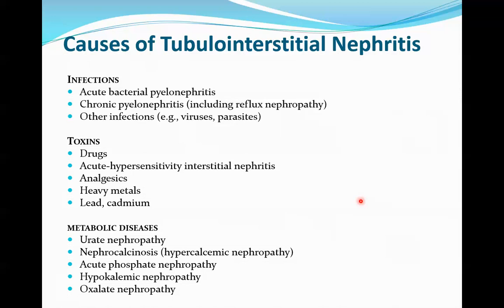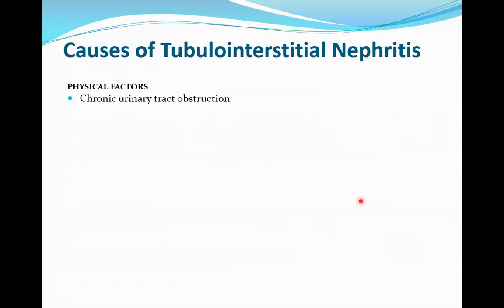That is called nephrocalcinosis. Acute phosphate nephropathy: when the phosphate level is increased, it accumulates in the kidney. Hypokalemic nephropathy, oxalate nephropathy. We have physical factors like chronic urinary tract obstruction. Obstruction can be a stone or any tumor which is obstructing the way.